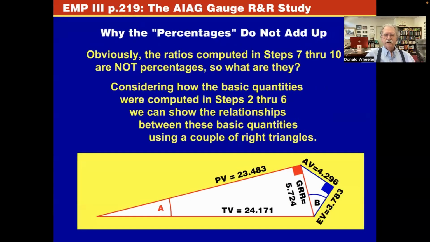Well, why don't the percentages add up? Obviously, the ratios computed in steps 7, 8, 9, and 10 are not percentages. So what are they?